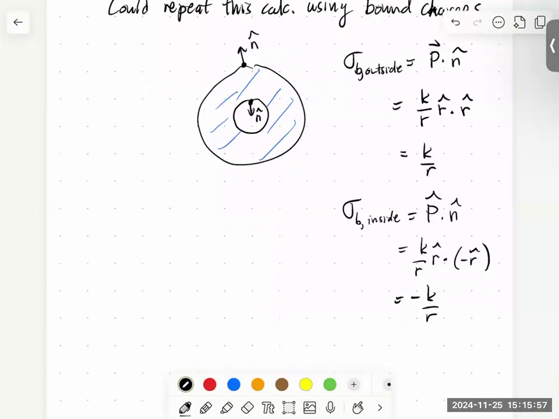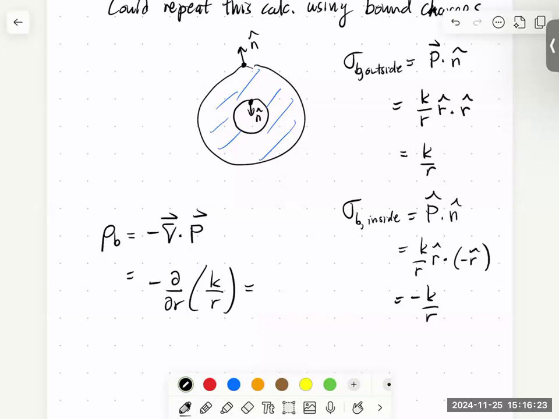And this is an example where the bound volume charge density is not going to be 0. Rho B is minus the divergence of P, which is going to be minus d by dr of K over R. And let's see, we take the R derivative, we're going to get minus 1 over R squared.